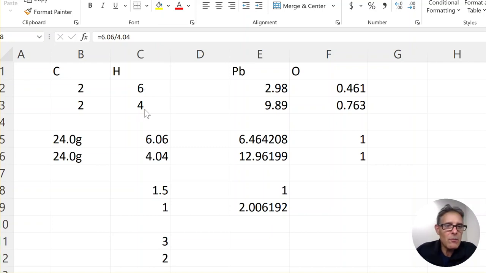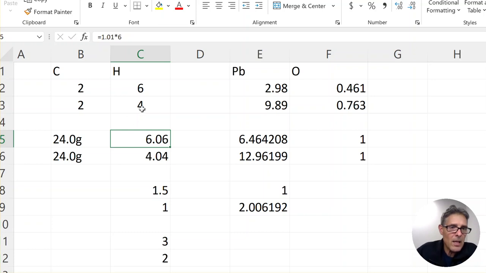What I'm going to have to do is figure out the mass of those 6 hydrogens to start with. I know that the atomic mass of hydrogen is 1.01, and I have 6 of them, so I multiply 1.01 times 6, and I come up with 6.06 grams, or 6.06 atomic mass units for that hydrogen.